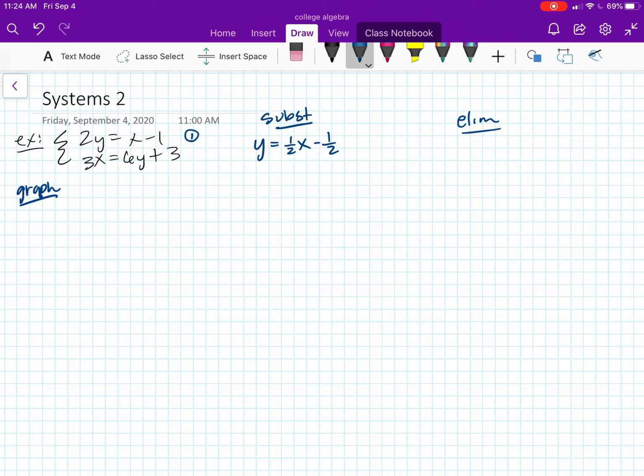Looking at equation 2, again, if we solve for y, okay, equation 2, I'm going to solve for y right below it. First, I'd subtract 3, and then divide everything by 6, which results in 3 over 6, which is 1/2, minus 3 over 6, which is, again, 1/2.